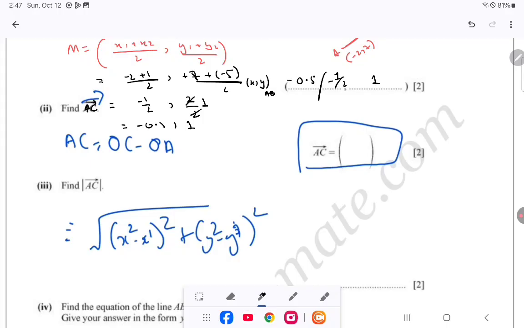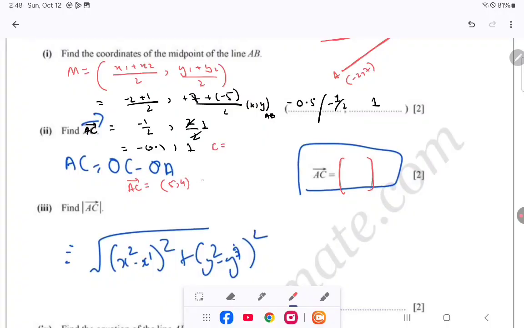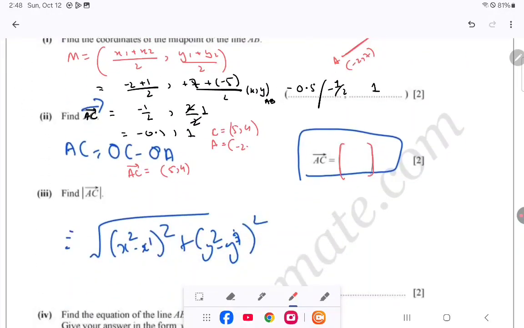The AC is line distance, and since the answer required is in vector form, we simply add the two vectors A and C together to get the value. AC is equals to, first write the value of A and C. So C is right here 5, 4, and A is right here negative 2, 7.